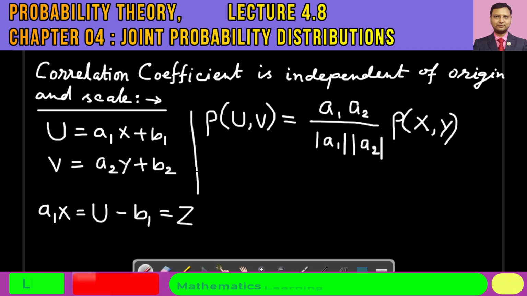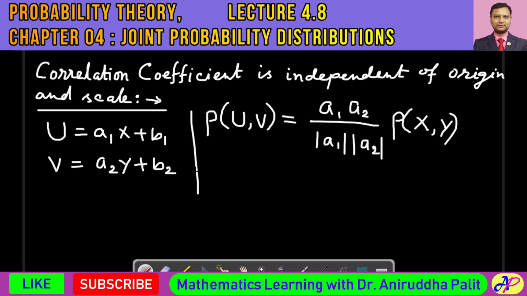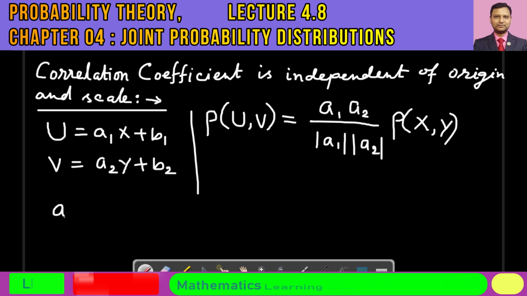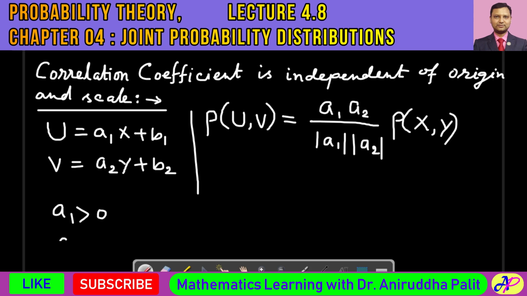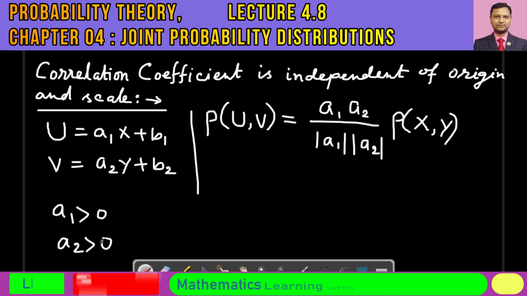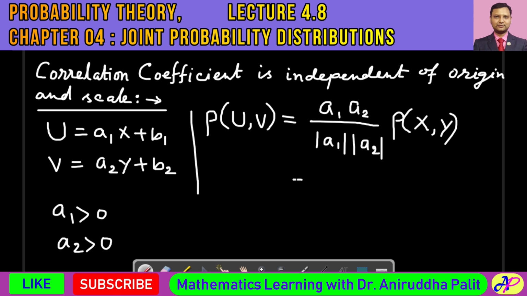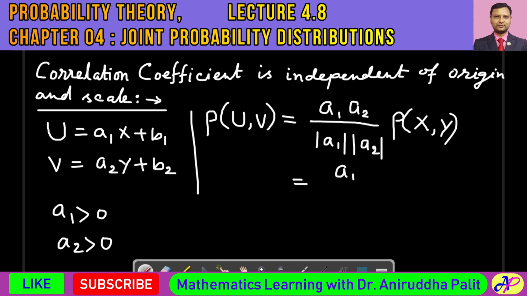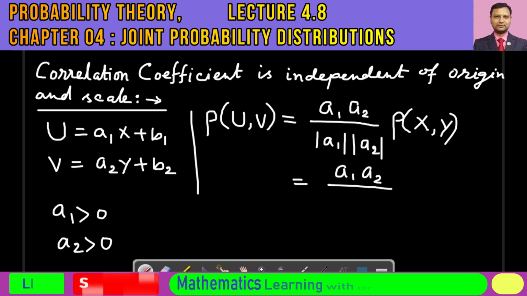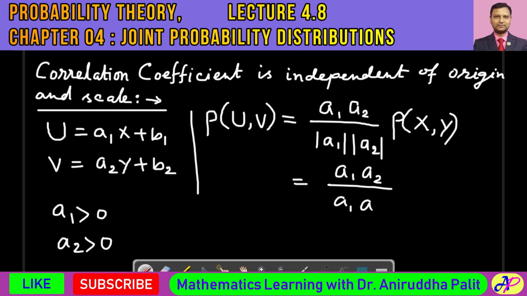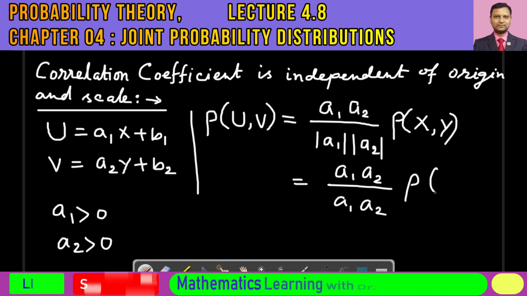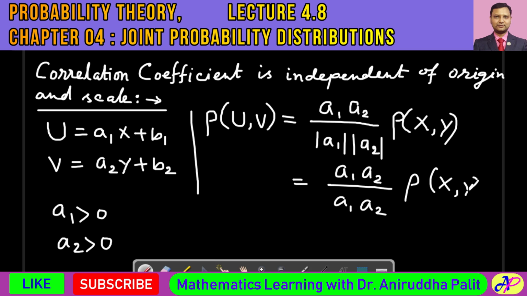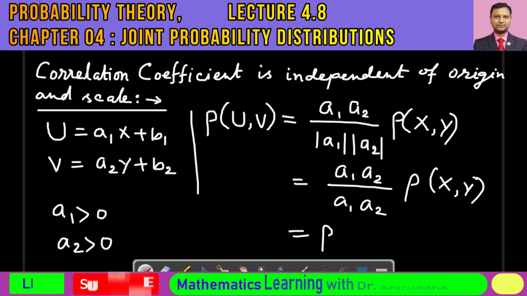Therefore, if a1 is greater than 0 and a2 is greater than 0, in that case from this relation we can say that it would be equal to a1 a2 divided by a1 a2 multiplied by rho between x and y, and that is nothing but rho between x and y.